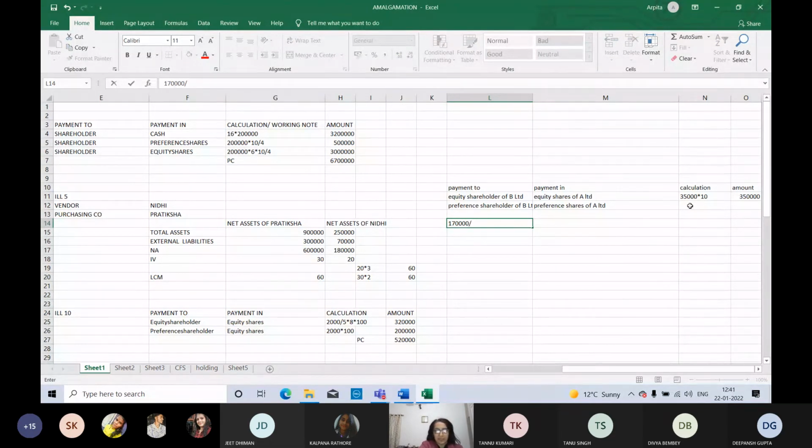It means I have 1,700 preference shares. So he's saying that you have to issue 15% preference shares of 100 each, underline the line 100 each, to discharge the preference shareholders of B Limited at 10% premium.